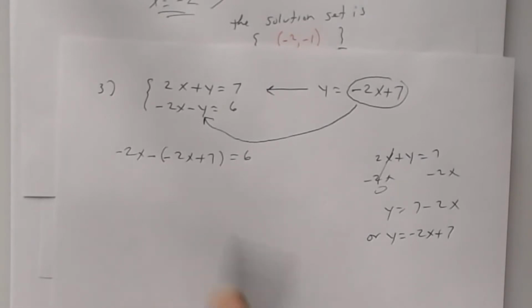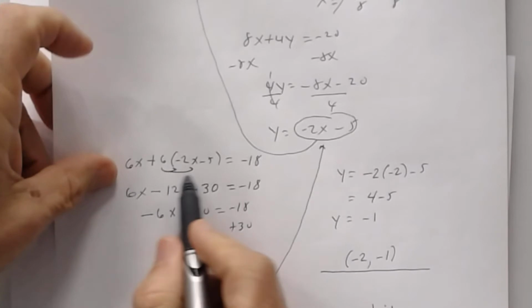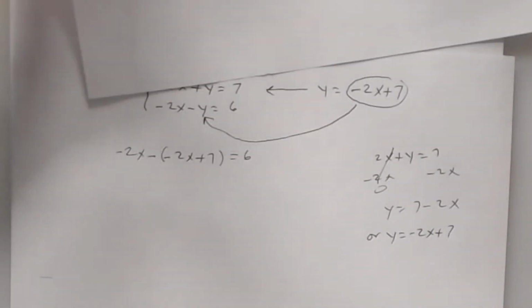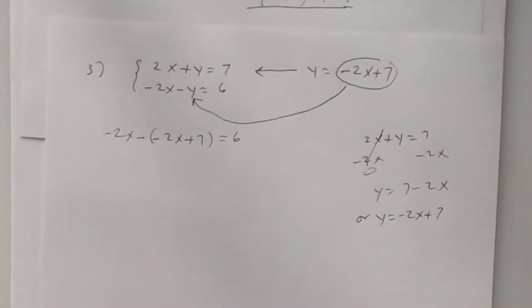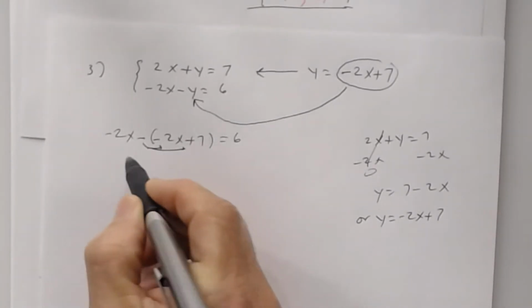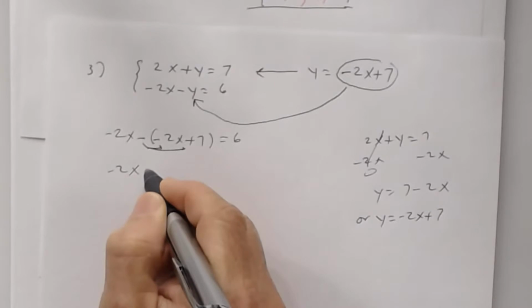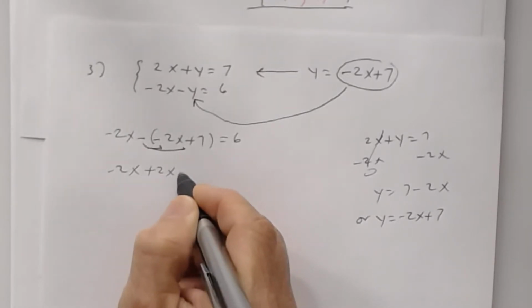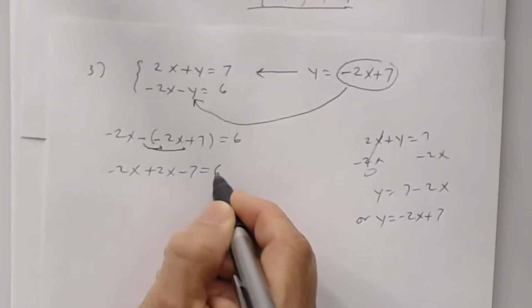All right, then the next step was the distributive property. Same thing, distributive property. So what are you going to be distributing, though? Negative 1. So I get negative 2x plus 2x minus 7 equals 6.